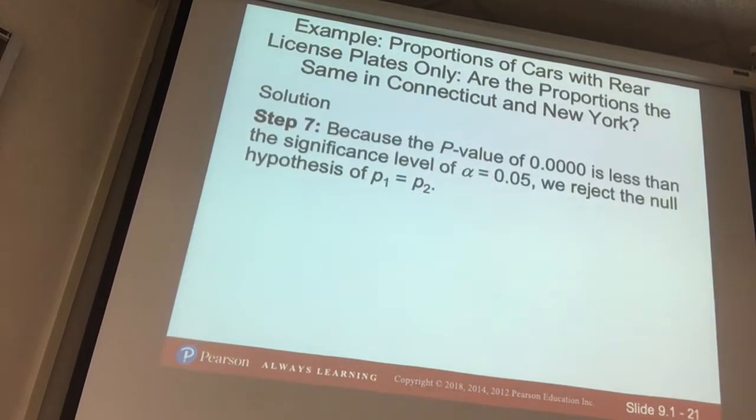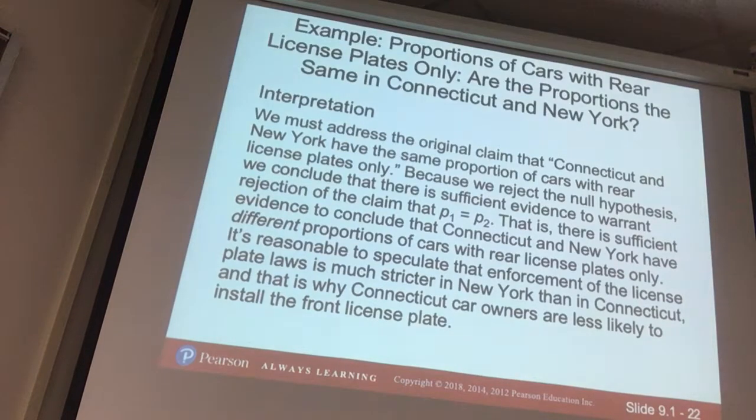Because the p-value of 0.0000 is less than 0.05, we reject the null hypothesis. Basically, we must address the original claim that Connecticut and New York have the same proportion of cars with rear license plates only.